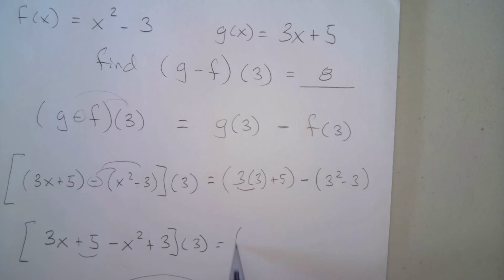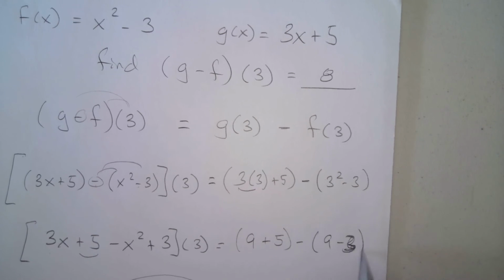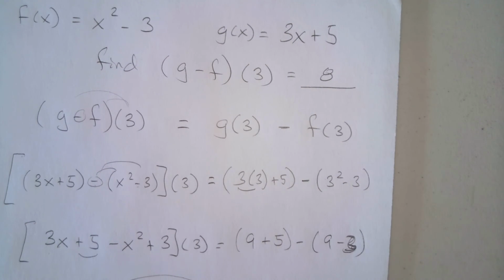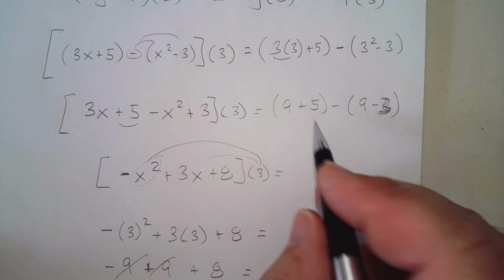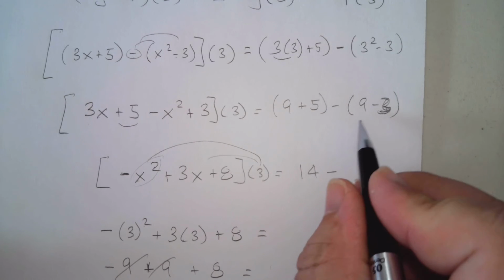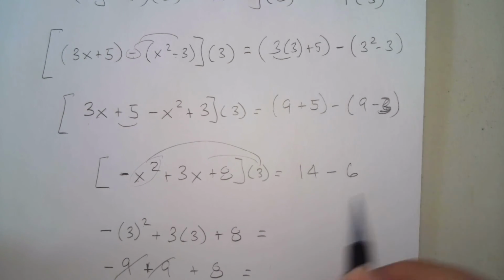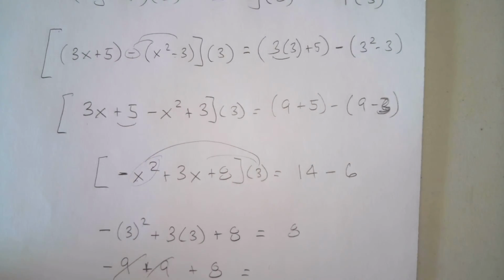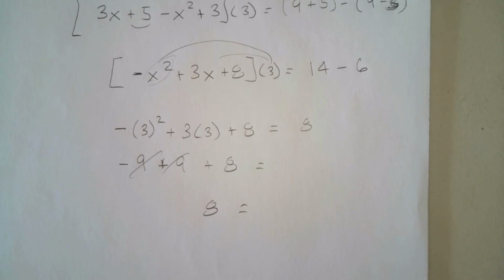So 3 times 3 is 9 plus 5. 9 minus 3. 9 plus 5 is 14. Minus 9 minus 3 is 6. 14 minus 6 is 8. So notice how every time this side always finishes a lot faster.